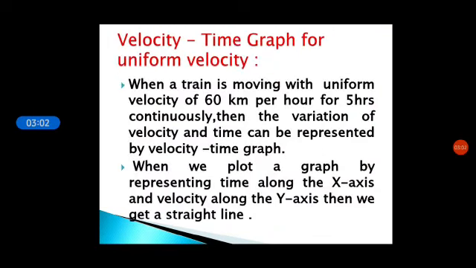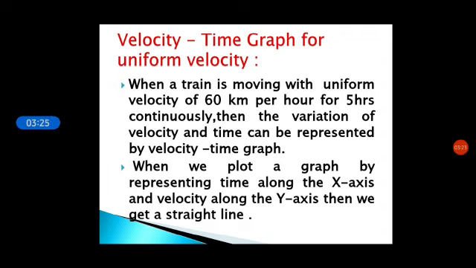Now let us move ahead with another topic, velocity time graph for uniform velocity. Consider a train moving with a uniform velocity of 60 km per hour for 5 hours continuously. Then the variation of velocity with time can be represented by a velocity time graph.